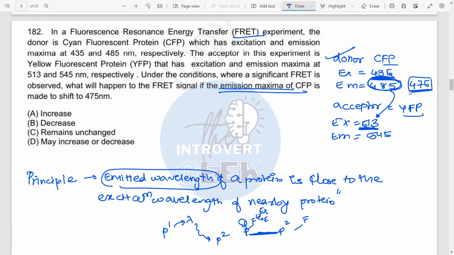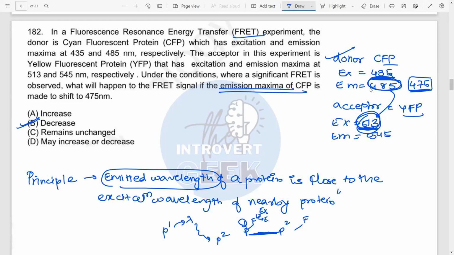Since it will be emitting at a lower wavelength and the excitation spectra of YFP is comparatively much higher, this donor might not be able to efficiently produce a FRET signal when brought in close proximity with YFP. So the answer is that the signal will decrease.